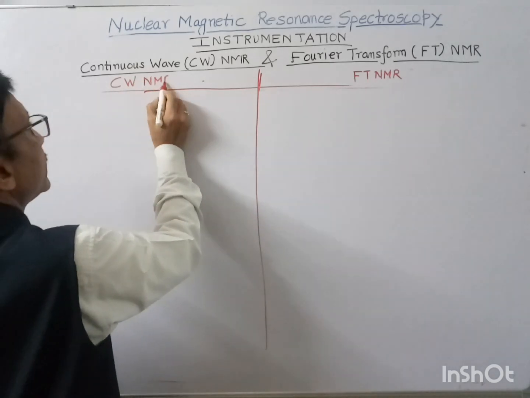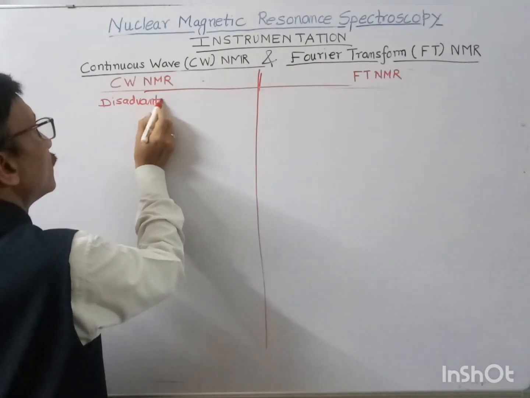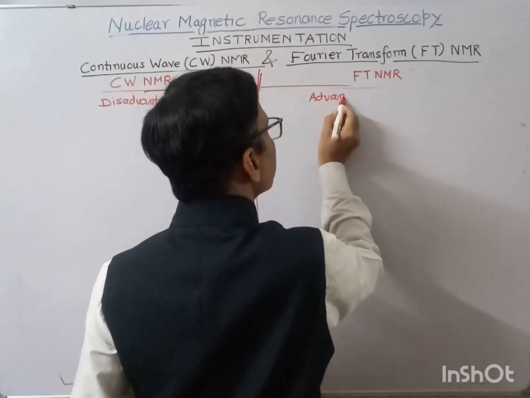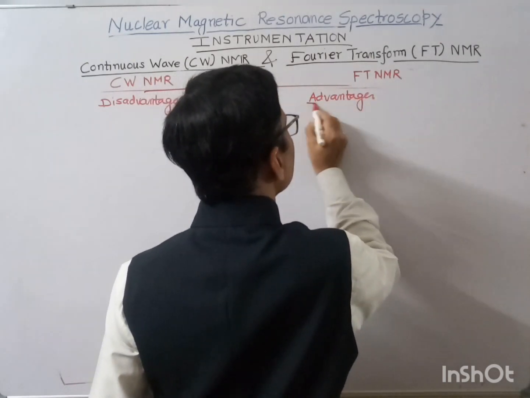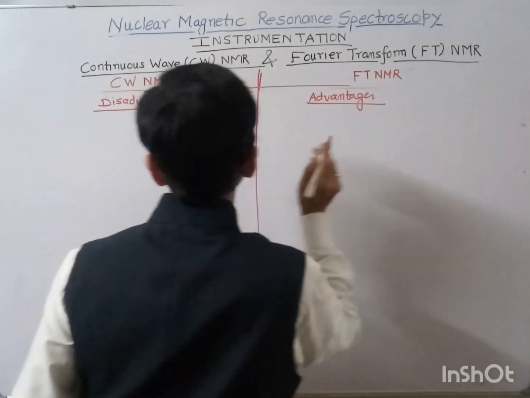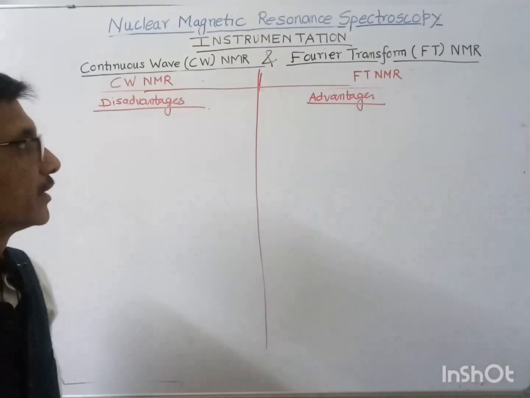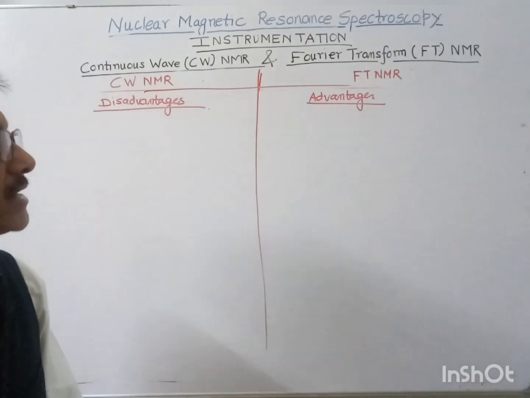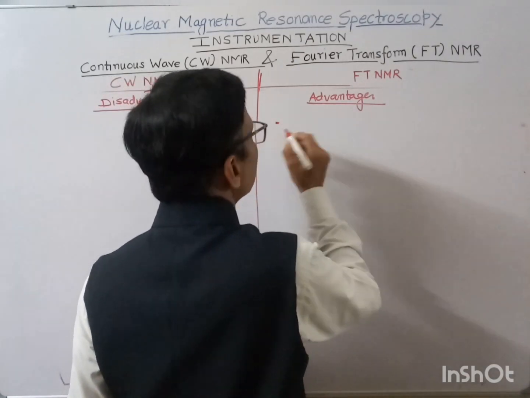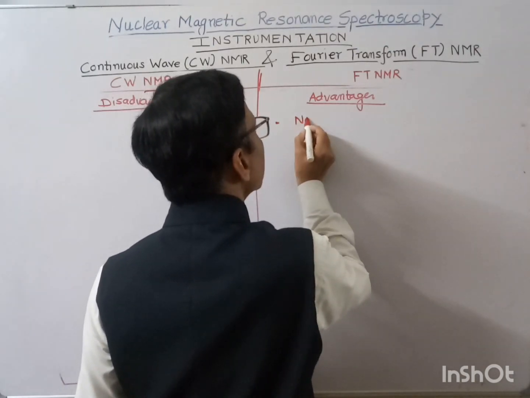CW-NMR has certain disadvantages, whereas FT-NMR has a lot of advantages. In FT-NMR spectra, the noise is very less.